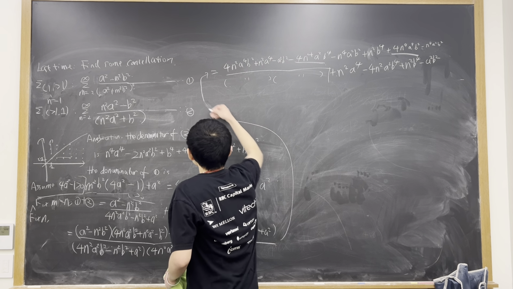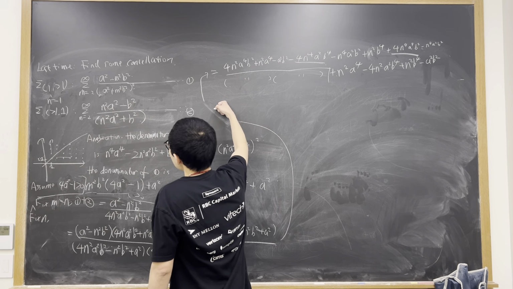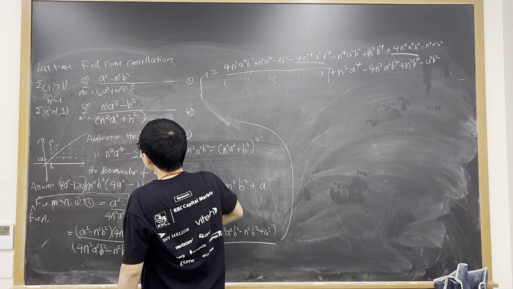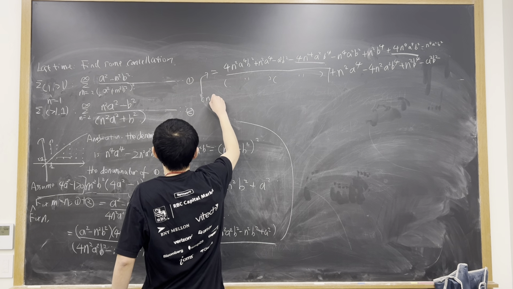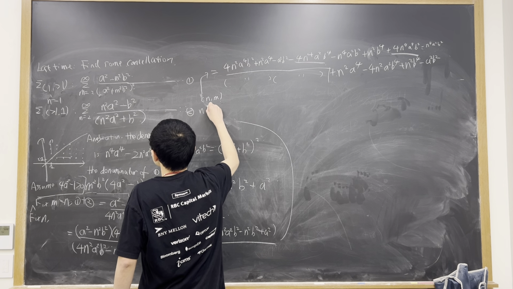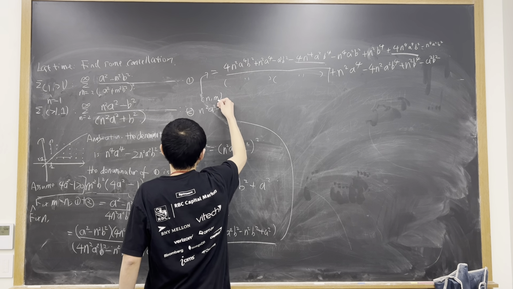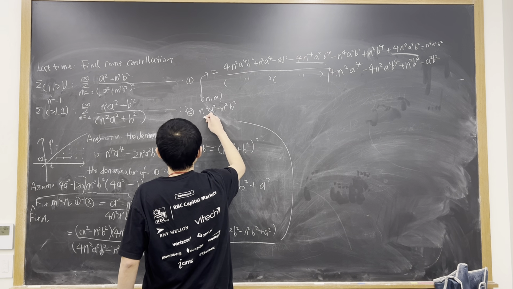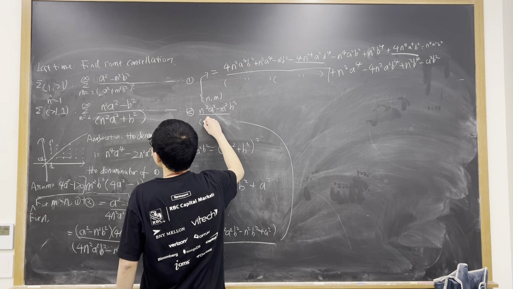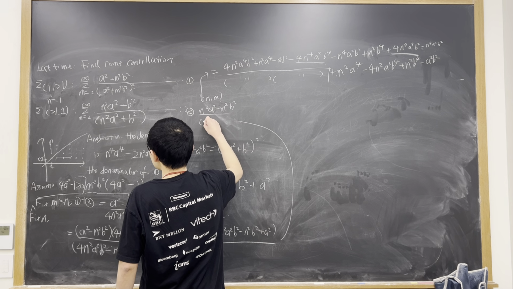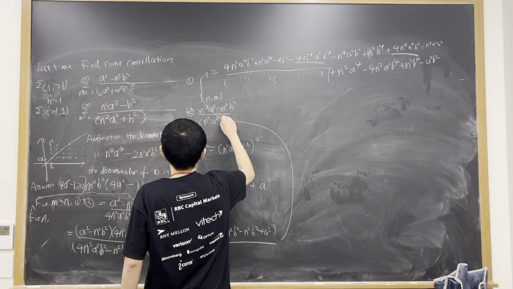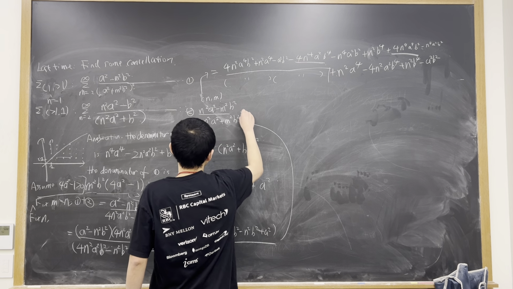So if you have, let me think. So what do we have? Namely, if I have a point n comma n, I will get n square a square minus m square b square. Wait, let me finish it. The denominator should be n square a square plus m square b square.